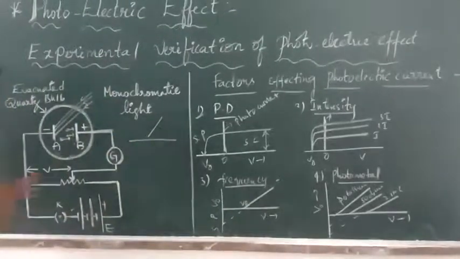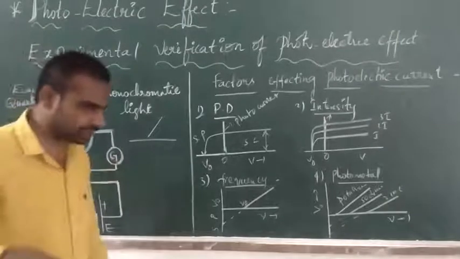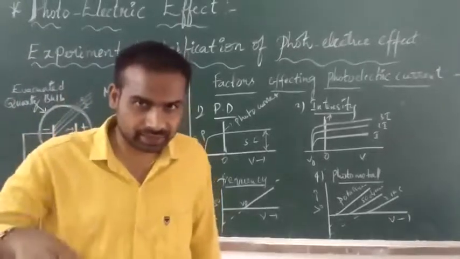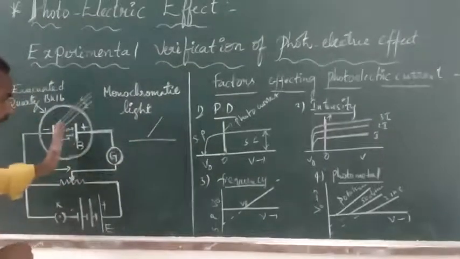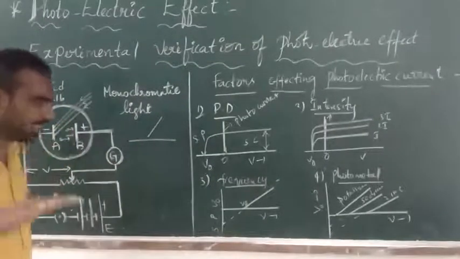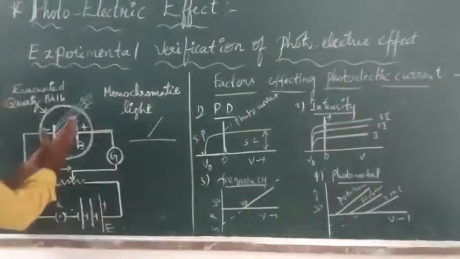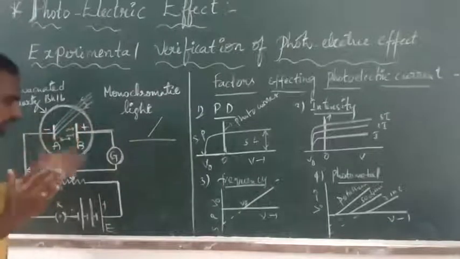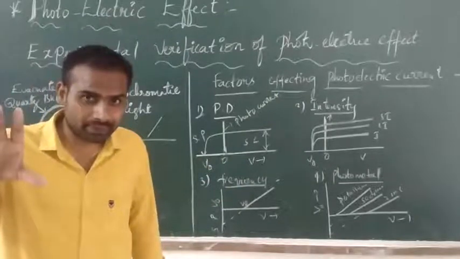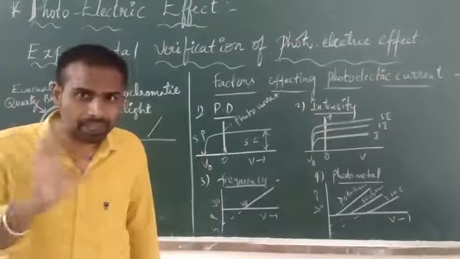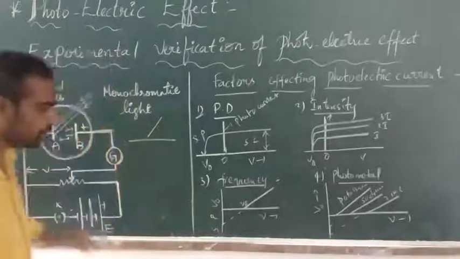As the positive potential of B decreases, or when we apply some negative potential to plate B, the electrons will be repelled. Here we are increasing or decreasing the potential of plate B. We are not changing any potential of plate A here. So don't be confused.